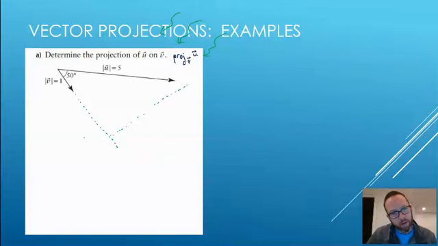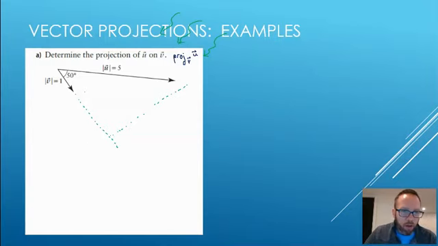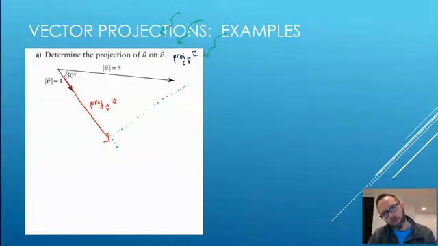Not perfect, but that's okay. And at this point, maybe I'll use red to show the vector projection. Maybe at home, you can use a ruler. I'm drawing on my tablet here. Actually, that wasn't bad for a straight line. So this will be the vector projection of u onto v, that vector there. So with a light source perpendicular to v, make a right angle triangle. That's how you would draw it.